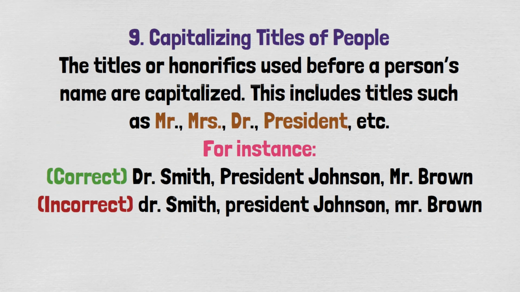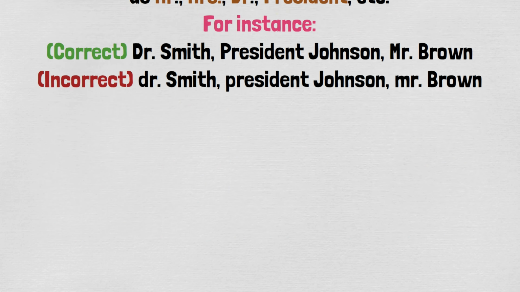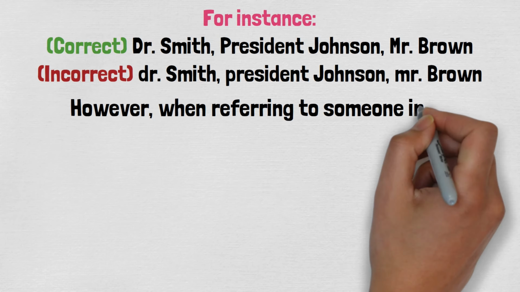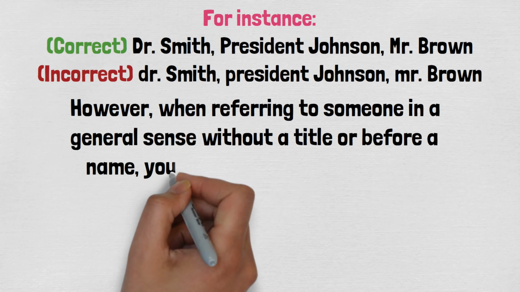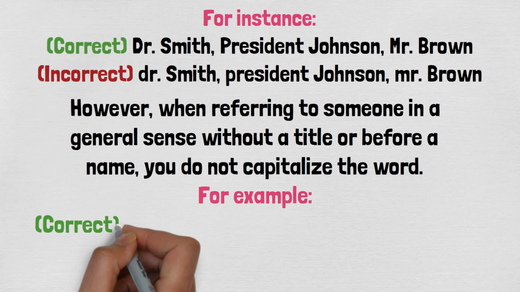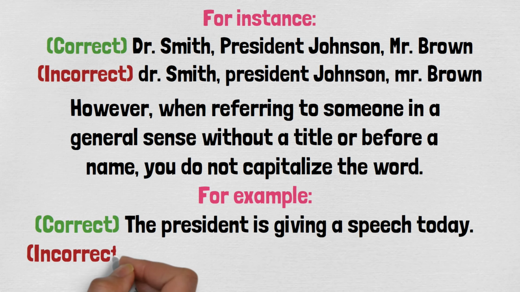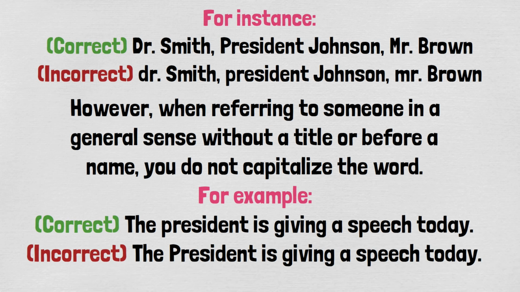Incorrect: dr. Smith, president Johnson, mr. Brown. However, when referring to someone in a general sense without a title before a name, you do not capitalize the word. For example, correct: The president is giving a speech today. Incorrect: The President is giving a speech today.